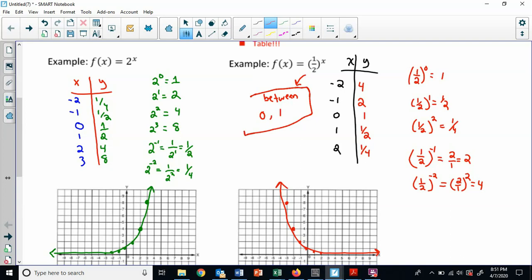Like 1/2 is between 0 and 1, 1/3, 1/4, 1/5. You're going to get this shape right in here. If it's greater than 1, you're going to get this exponential growth shape right here, okay? We're going to dive more into exponential growth and decay next time. For now, we're just discovering how the graphs look and learning how to plot them, okay?